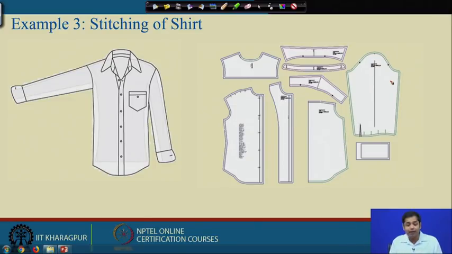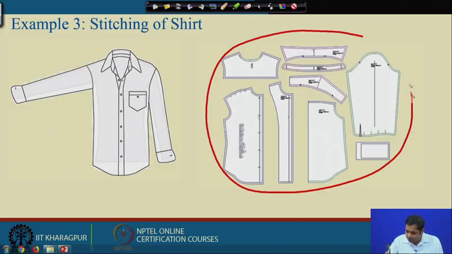And these cut pieces are not random cut pieces. These cut pieces are with proper measurement, right? And then once we have these cut pieces, the tailor stitches all these cut pieces together and gets the entire shirt. So all these are stitched together to get this, right?